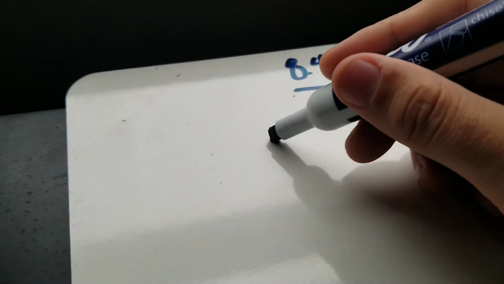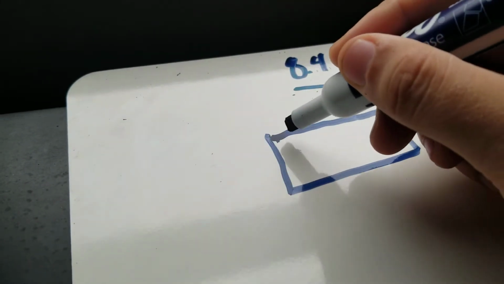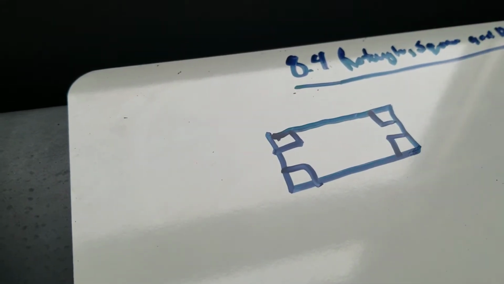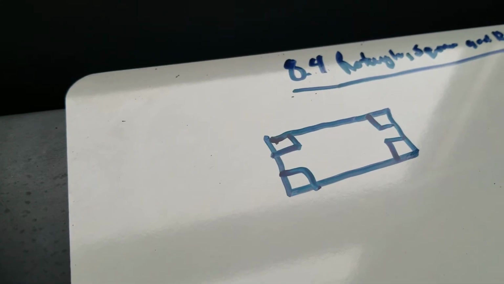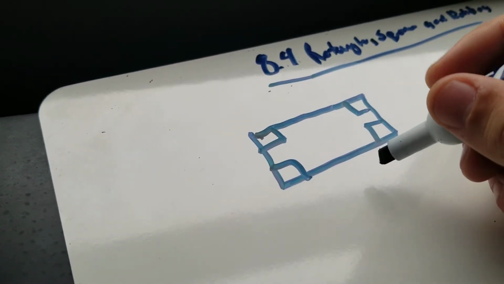So the first one we're going to talk about is a rectangle. Everyone knows what a rectangle looks like. But by definition, all the angles of a rectangle are 90 degrees. So what's the word we use for a shape that has all the angles being equal? The word you're thinking of is equiangular.